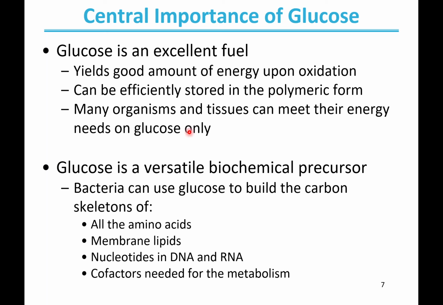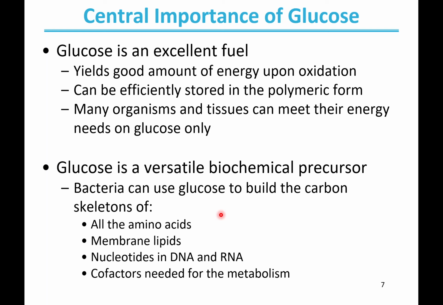Many organisms and tissues actually meet their energy needs on glucose alone. And the brain is one of those organs that can survive, or does survive, primarily on glycolysis and sugar, I should say, glucose.